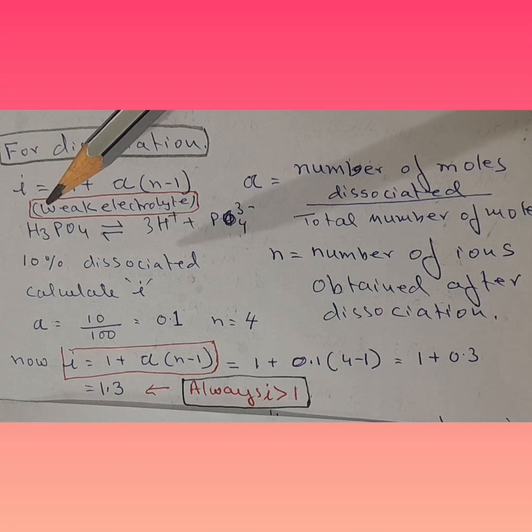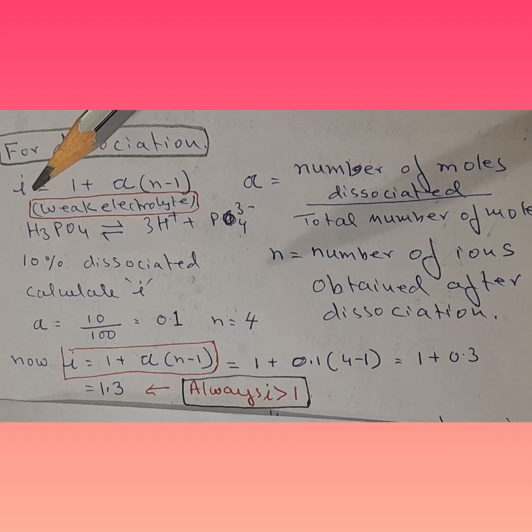Weak acids are all those fatty acids, beginning from formic acid, acetic acid, butanoic acid, propanoic acid, and so on. Hydrocyanic acid, HCN, is a weak acid. H3PO4 is also a weak acid.